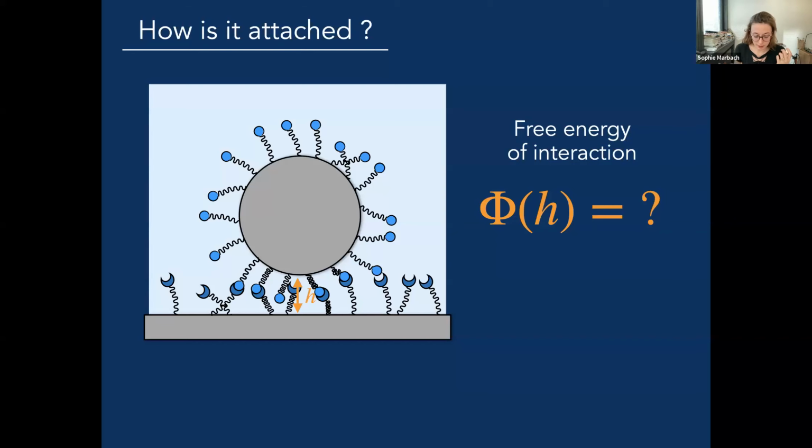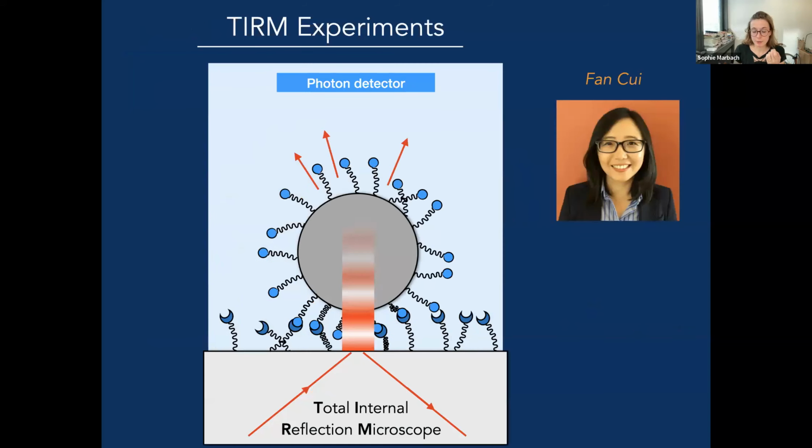And to do that, Fan Kui, who was a postdoc in Dave Pine's group, developed a total internal reflection microscope that was sending an evanescent wave inside our sample, from which we could detect where the particle was, and then reconstitute the distribution of positions of the particle, and then the free energy of interaction.